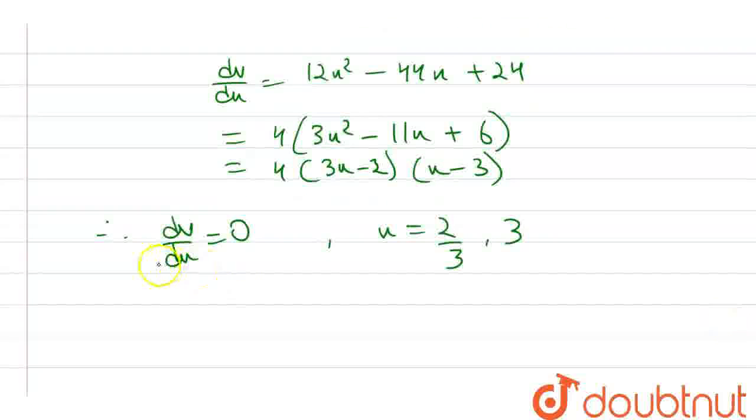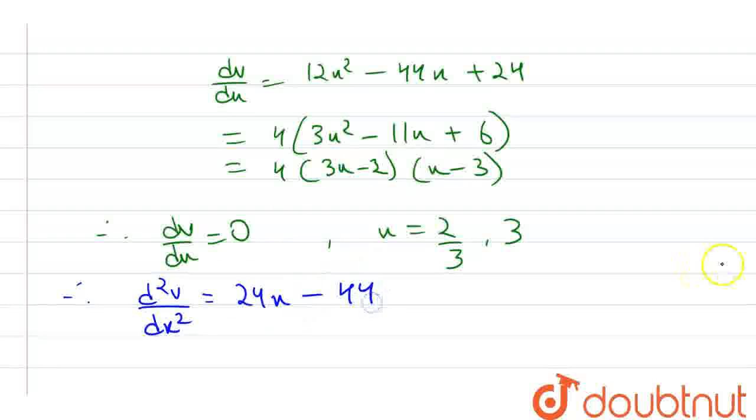So now for finding the maximum value, again differentiating this, we get d square V upon dx square is equal to 24x minus 44.